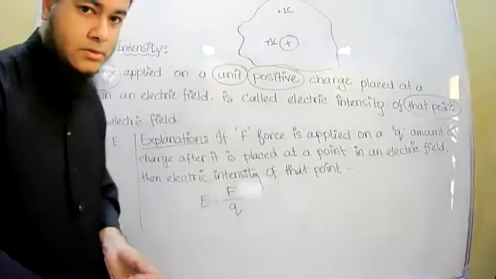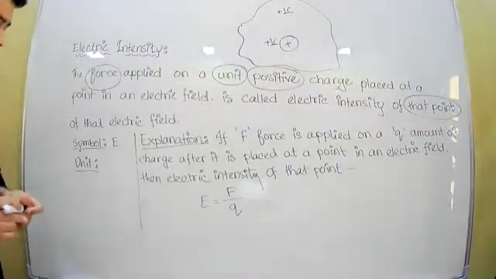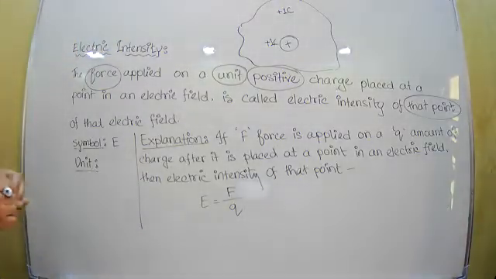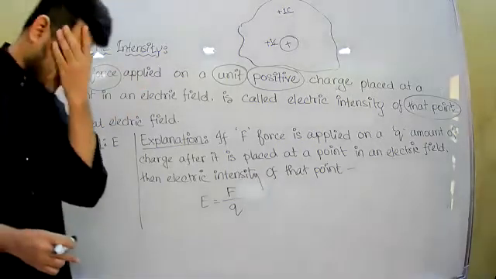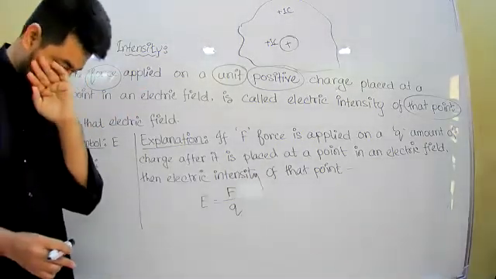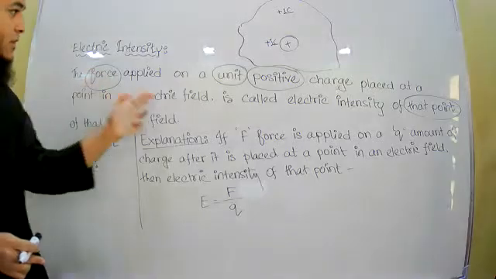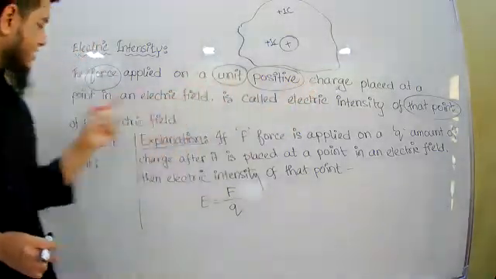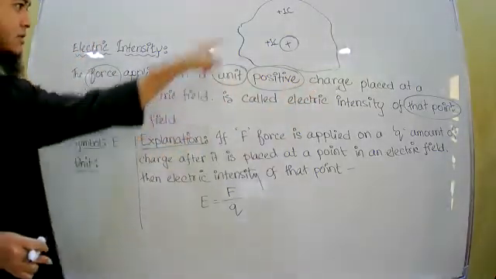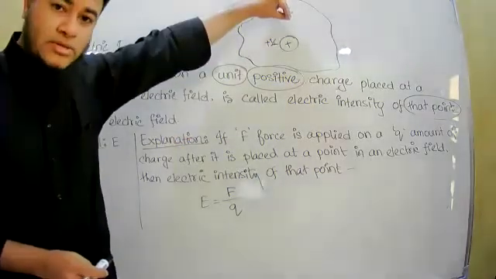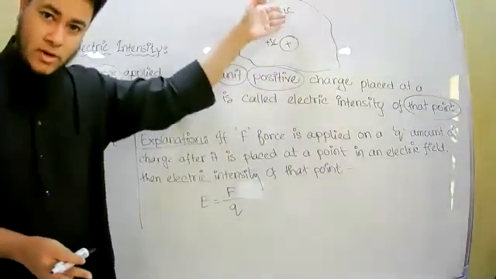Okay, so let me go through the definition once again. The force applied on a unit positive charge placed at a point in an electric field. In an electric field, at a point we will place a unit positive charge, and some force will be applied on it.